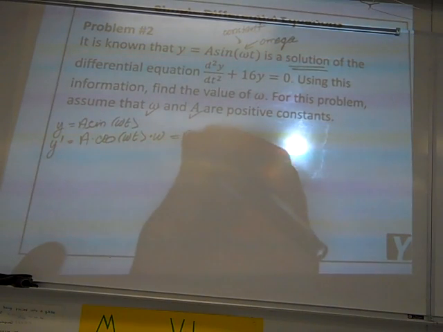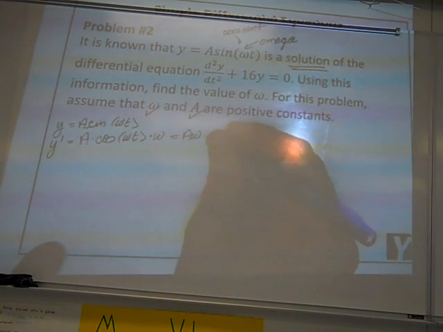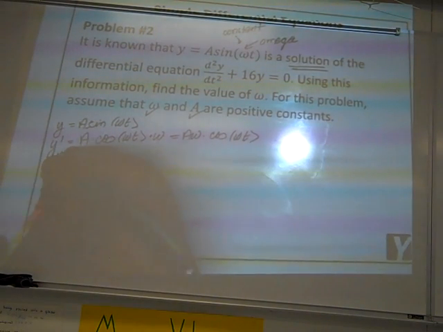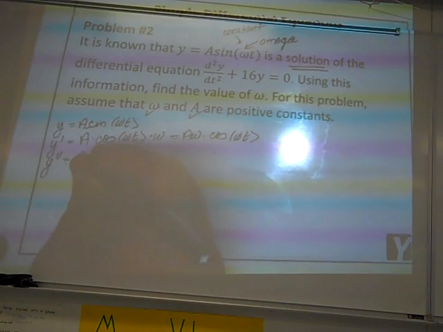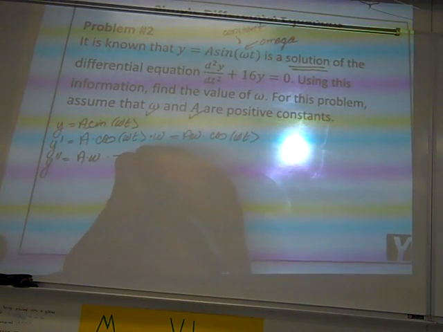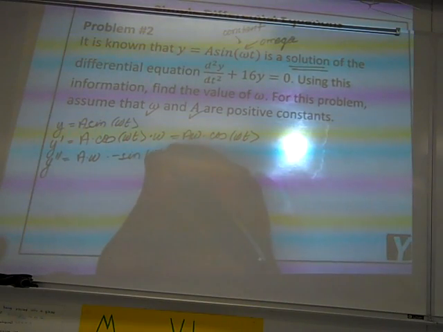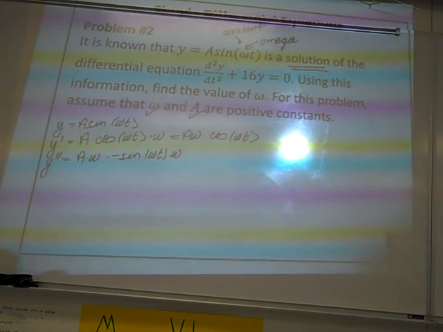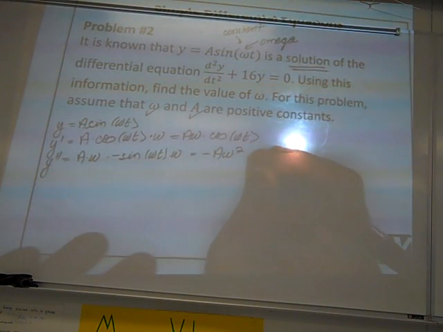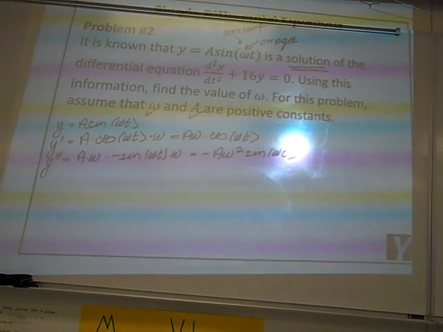I can rewrite that as a times omega times cosine omega t. Let's take another derivative. The a and the omega are constant, so we leave them alone. The derivative of cosine is negative sine omega t, again, times omega. I can rewrite that as negative a omega squared sine omega t.